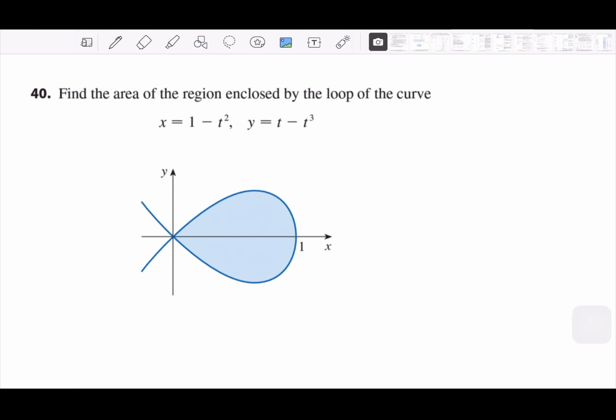Okay, so first we can look at the parametric itself, and decide which t corresponds to the axis in the parametric.